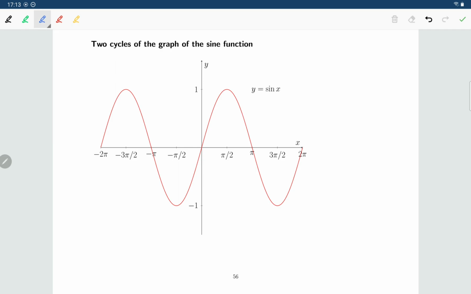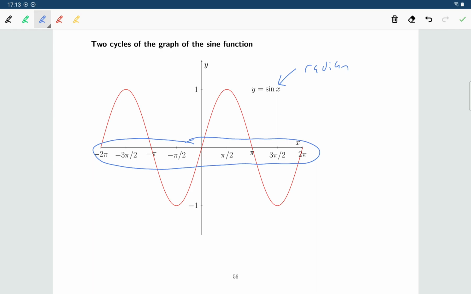One thing I want to draw everyone's attention to before we go further, you'll notice here that when I'm looking at sine as a function, when I'm thinking about y equals sine of x, I'm always thinking about x, the angle, being measured in terms of radians. So notice that on the x-axis, I have pi over 2's and pi's and 3 pi over 2's rather than 90's and 180's and all the rest.